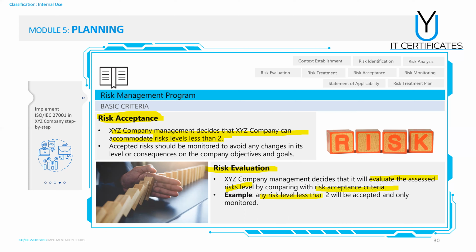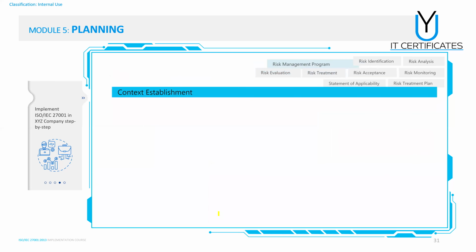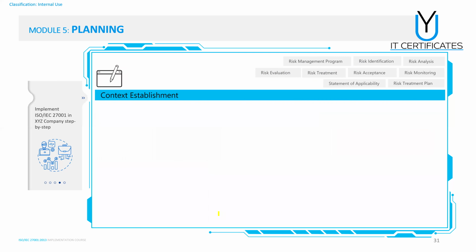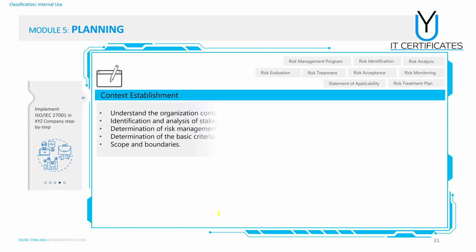Any risk level less than 2 will be accepted and only monitored. Otherwise, another action should be taken. Okay? This was regarding the risk management program.